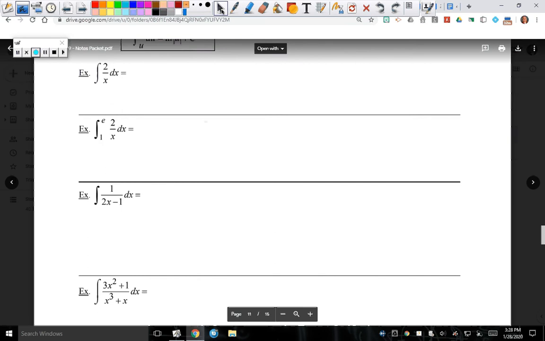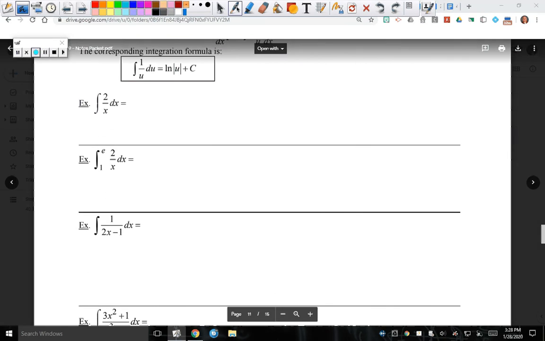True. Before that, what is screaming at you to do, rewrite? Constant multiple rule. There's a form we recognize now. We just learned it. So this will equal the natural log of the absolute value of that, constant multiple rule of the 2 back in, and then plus c.